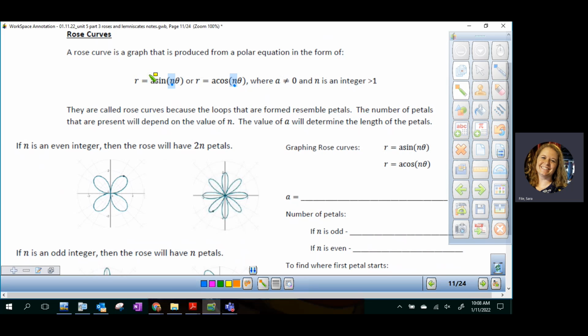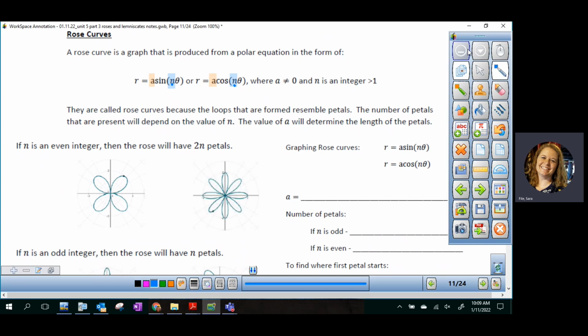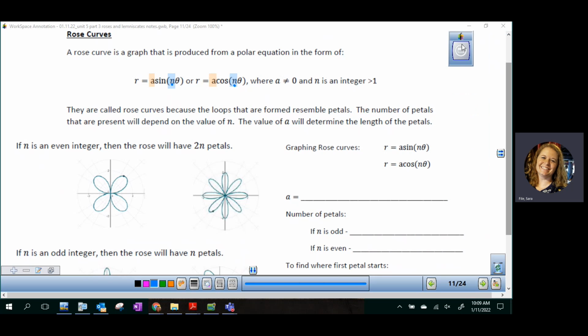Now, the a value is still important. We're still going to need to know what that a value is. If there is no number, what is a understood to be? A 1. So if there's no number here in front, a is 1. Otherwise it's whatever is shown. So the a and the n are going to help us determine what our rose will look like.